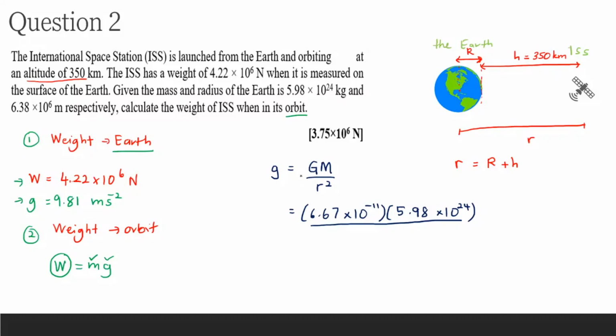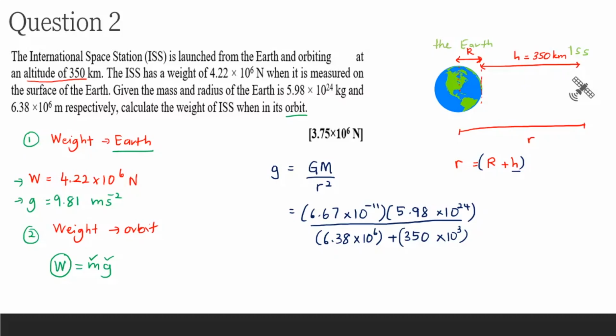Okay, dekat sini r kita apa? r kita ialah yang ini. Radius, which is 6.38 exponent 6 plus h. h is the altitude, 350 kilometer. Okay, kilo is to the power of 3. Sebab kilometer is not the SI unit for length. Kalau length must be expressed in meters.